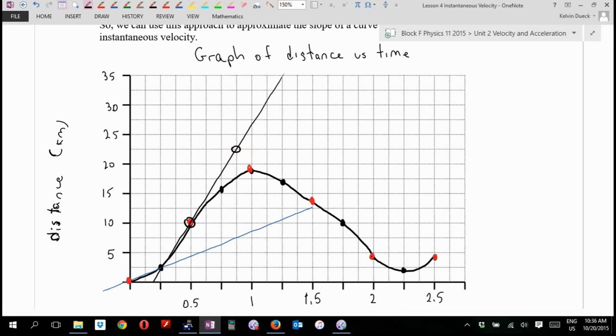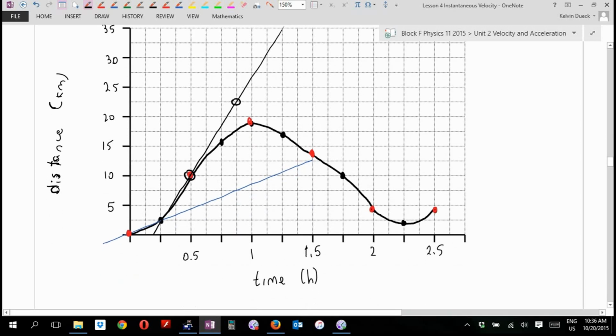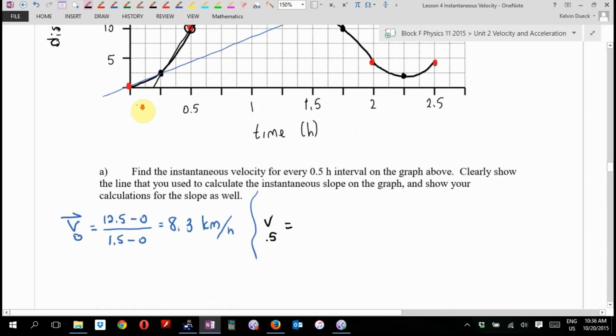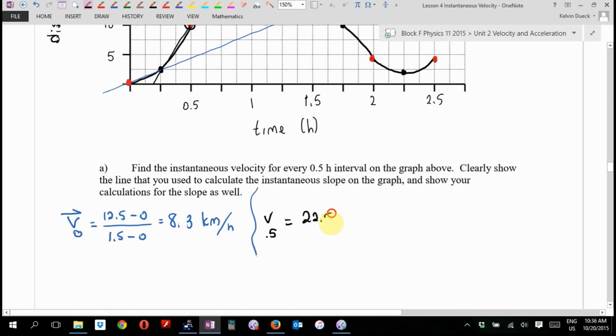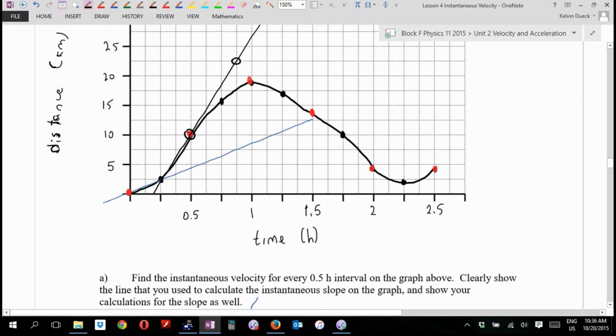Again, yours might be a bit different. What's my rise? Halfway between 20 and 25, 22.5 and 10. It's going to be 22.5 take away 10. There's my rise, 12.5 again. What's my run?